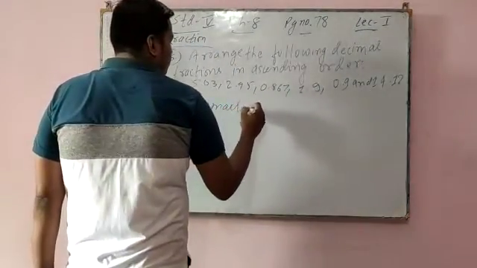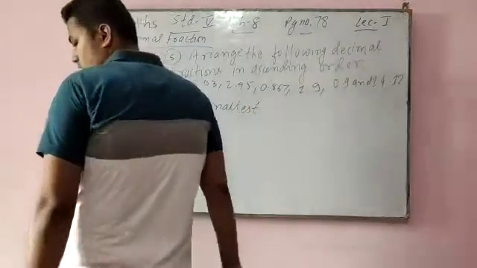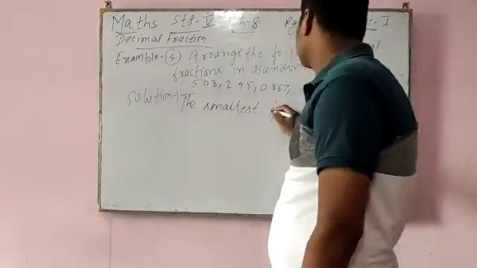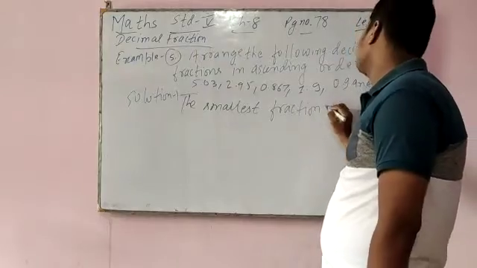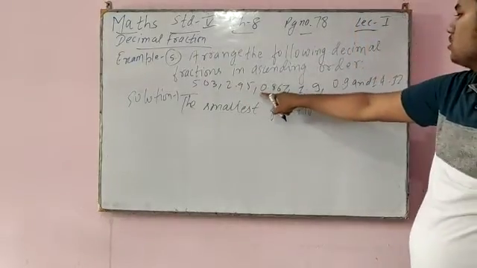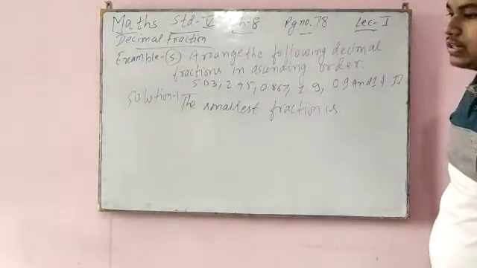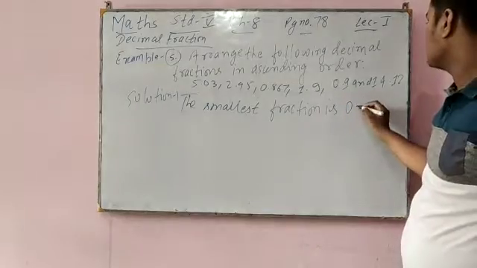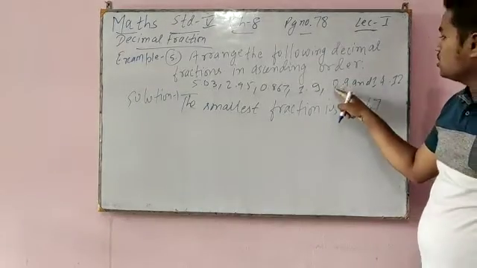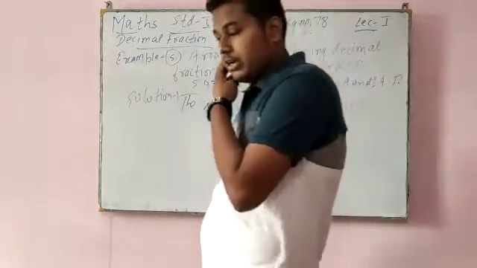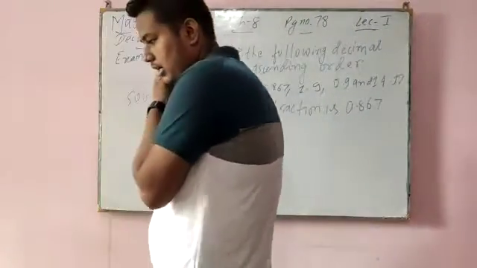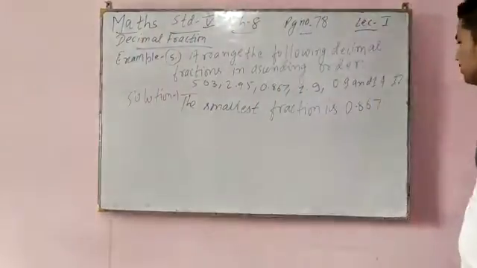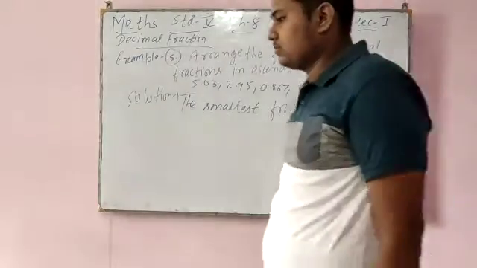The smallest fraction is, see, 0.867, because the other one is 0.9, so it will start from 9, while this has started from 8. So 0.867 is the smallest.